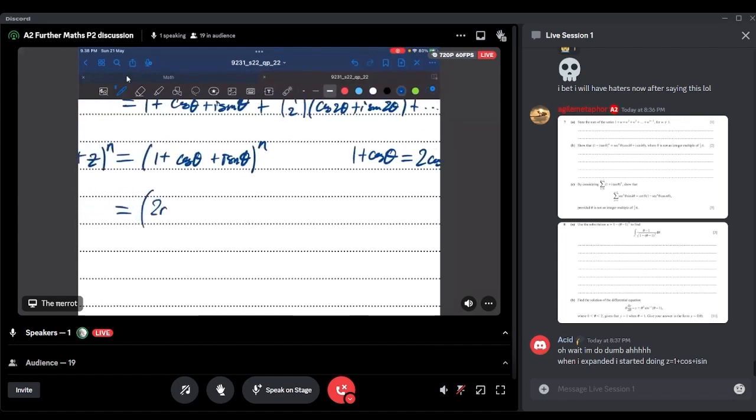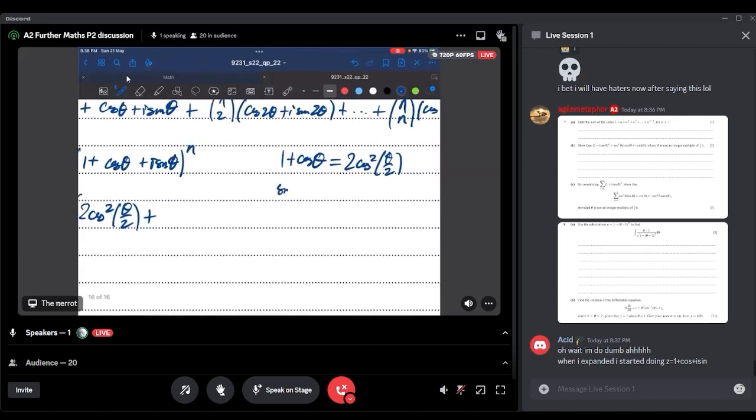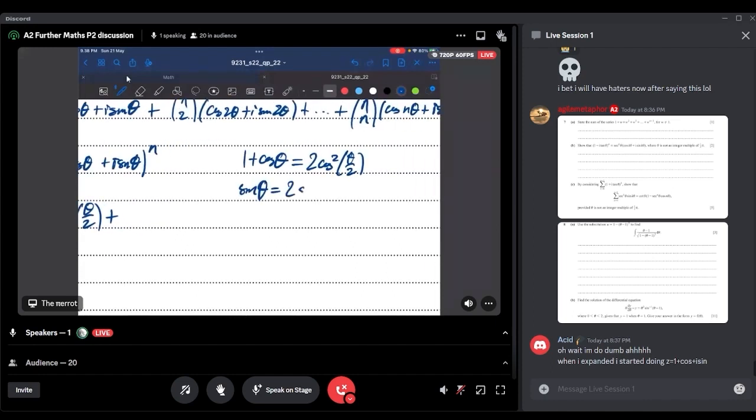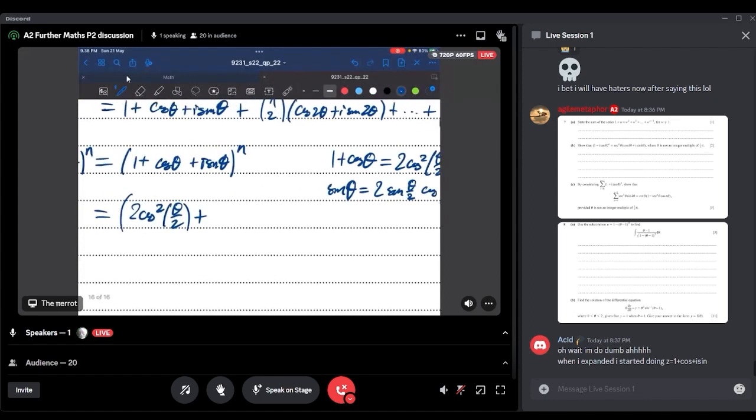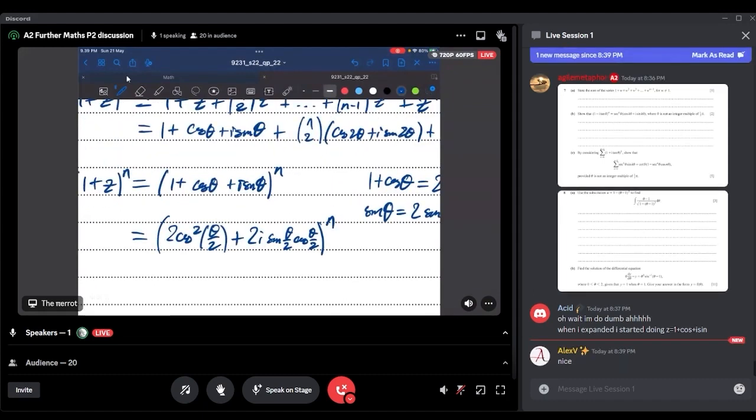Now what about the sine? The only identity that produces theta over 2 is the double angle: sine theta is 2 sine theta over 2 cosine theta over 2. So we write 2i sine theta over 2 cosine theta over 2, all to the power n. And this is the reason why you have cosine power n in the answer: you want to factor out the cosine power n and also the 2.